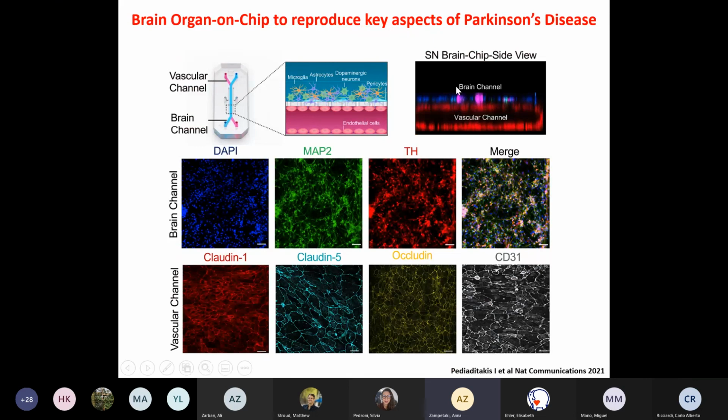So it is quite a good representation of at least part of this specific region of the brain. And as you can see here, the staining, you can see the monolayer in both parts of the membrane. This system was actually used and they managed to reproduce several aspects of Parkinson's disease.